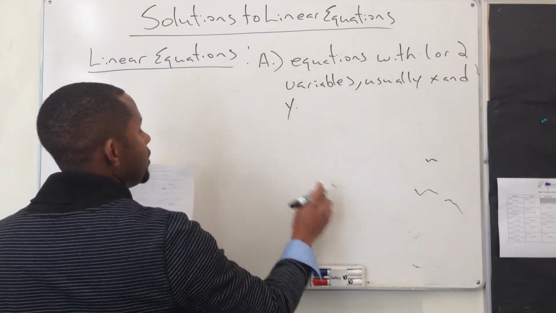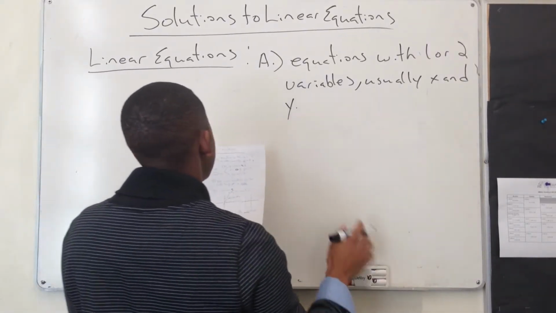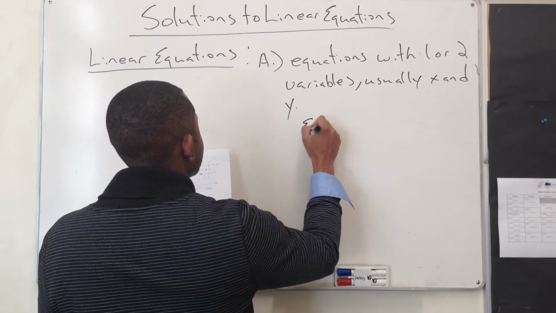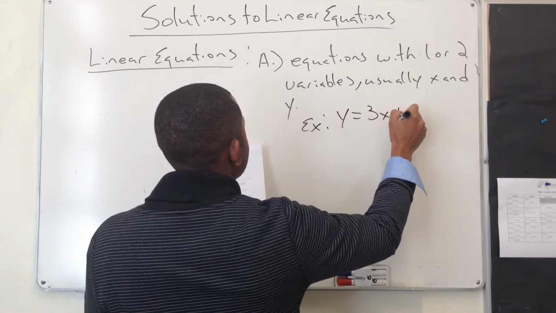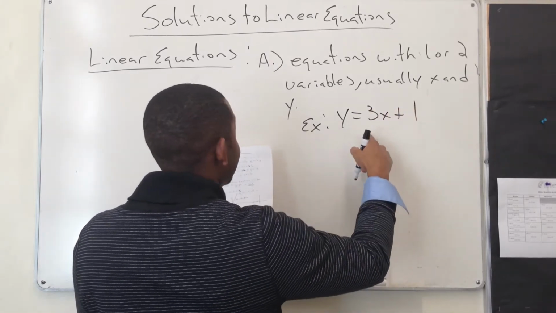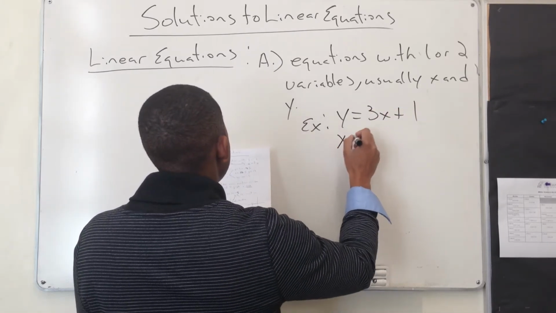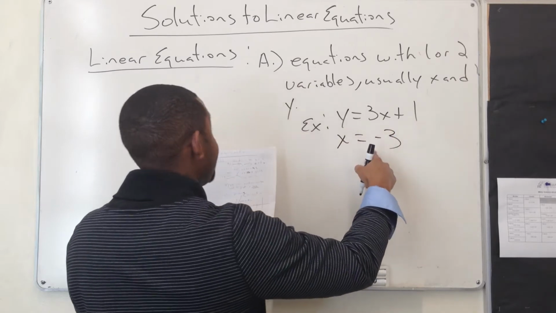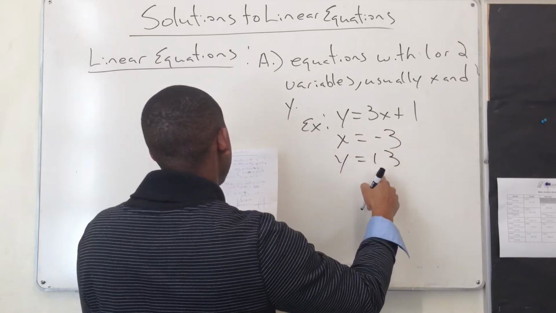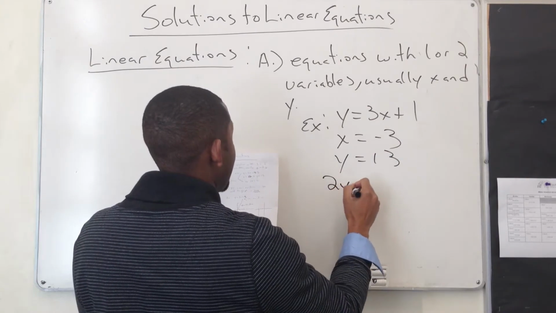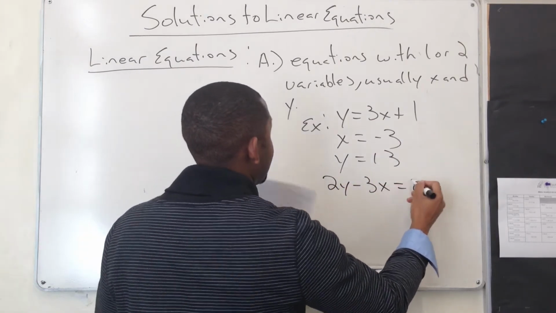Examples of this would be y equals 3x plus 1. That's a linear equation. x equals -3 is a linear equation. y equals 13 is a linear equation. 2y minus 3x equals 0.